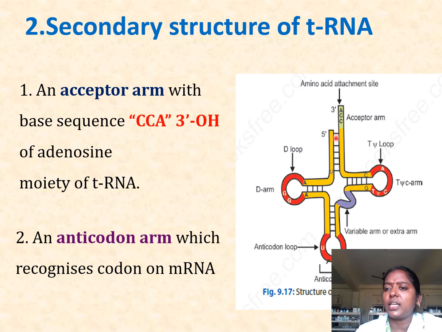This is the place where the amino acids get attached. And it contains an anticodon arm which recognizes the codon on the mRNA for protein synthesis. The T side arm and D arm are rich in the unusual bases. In the D arm we have the dihydrouridine residues and the T side arm is rich in pseudouridine residues.